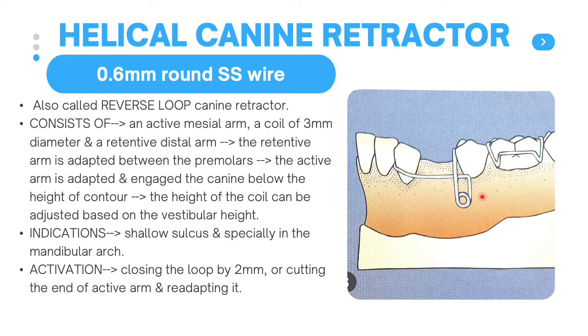The height of the coil should be adjusted based on the vestibular height, and it is used especially in the mandibular arch and in the shallow sulcus, and then the activation is by closing the loop by 2 mm or cutting the end of the active arm and readapting it.